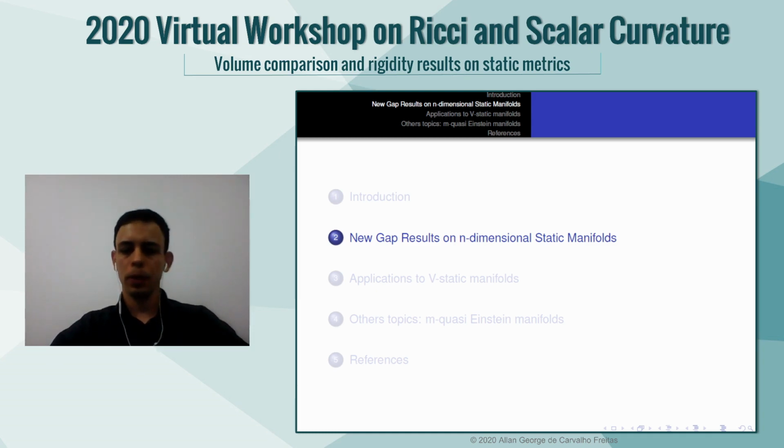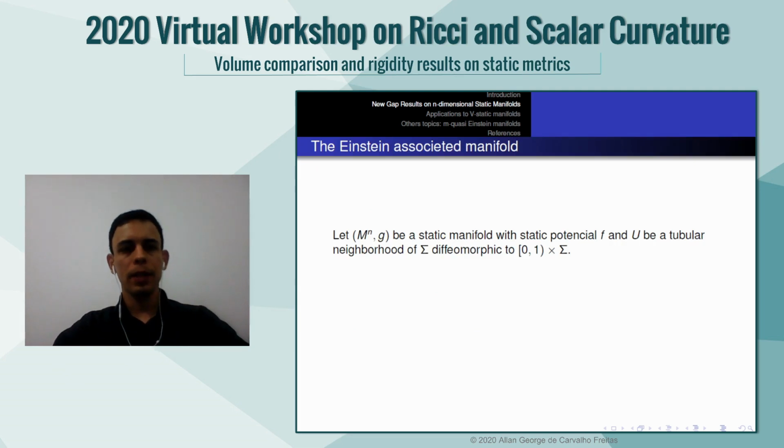First of all, we approach new gap results on n-dimensional static manifolds. And the idea here is that every static manifold has an associated Einstein manifold in the following sense.